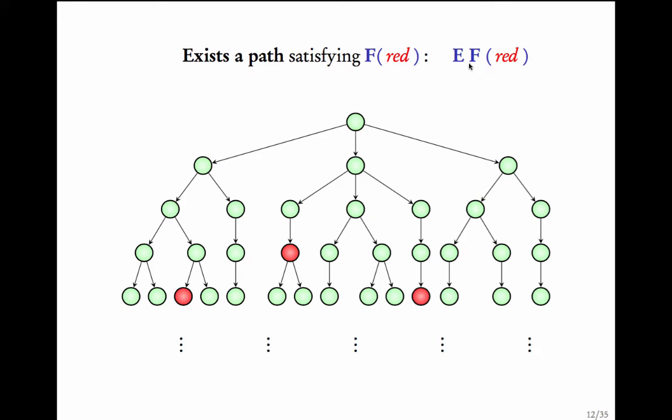E F red is true in this tree because there exists a path satisfying F red. Similarly, in this tree, E G red is true. You know what G red is, and now E stands for exists a path satisfying G red.